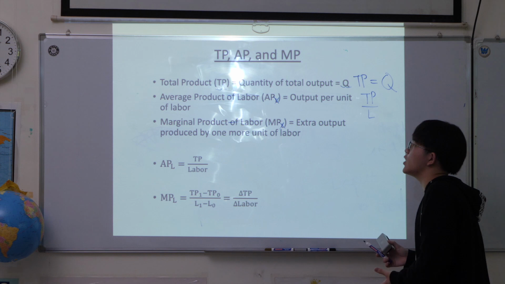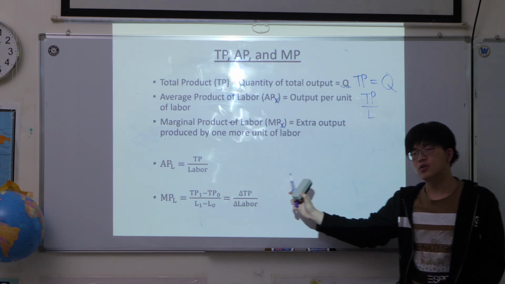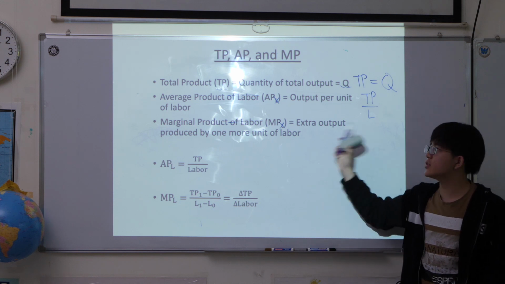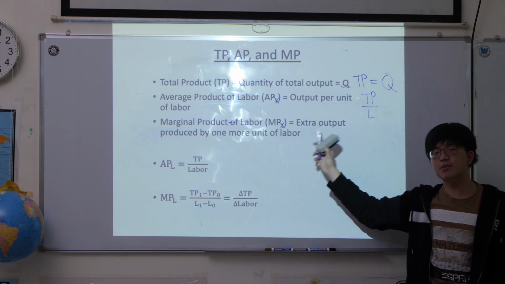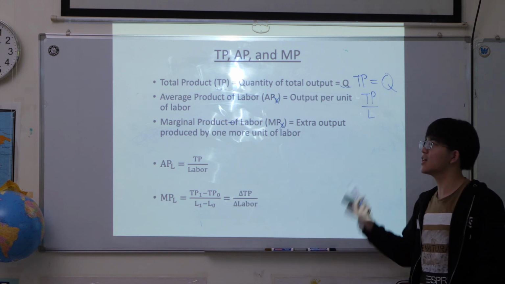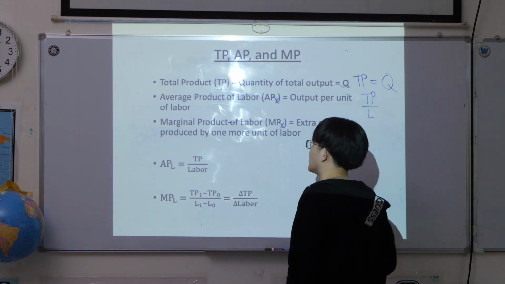That's the reason why we can use average product of capital as well. Usually it is not seen in the paper 3 exam, and mostly it is about labor, but if you want to take the AP Microeconomics exam, you should keep this in mind.